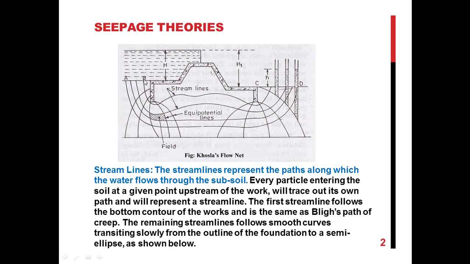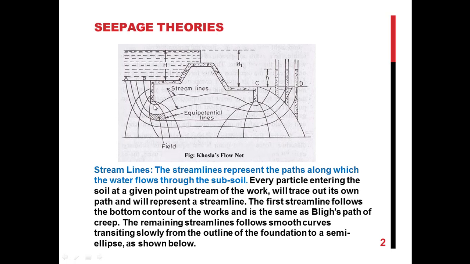The first streamline, according to Khosla theory, follows Bleek's theory and moves along the bottom contour of the work, while the remaining streamlines follow smooth curves, transitioning slowly from the outline of the foundation to a semi-elliptical shape as shown in the figure.